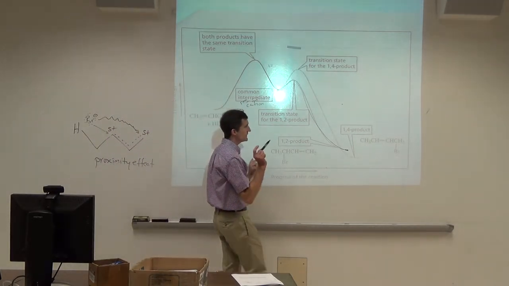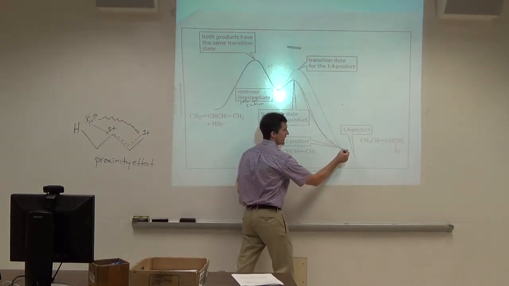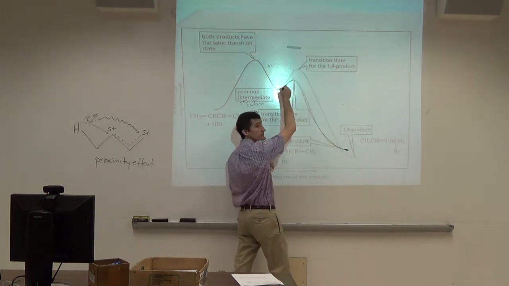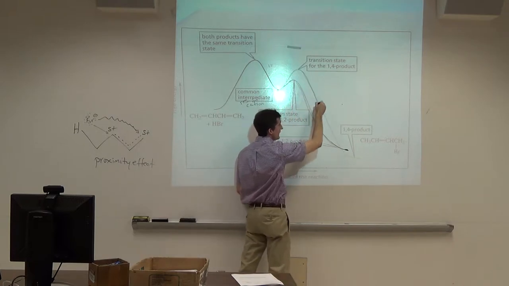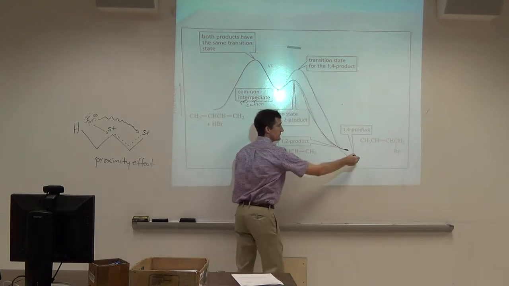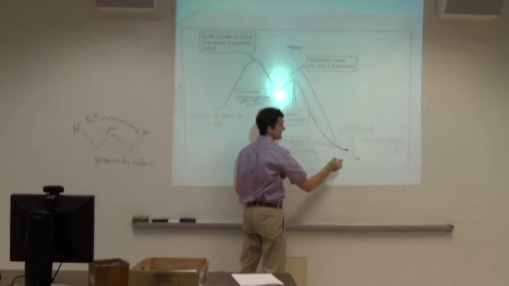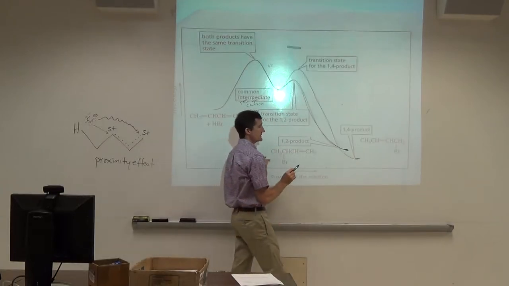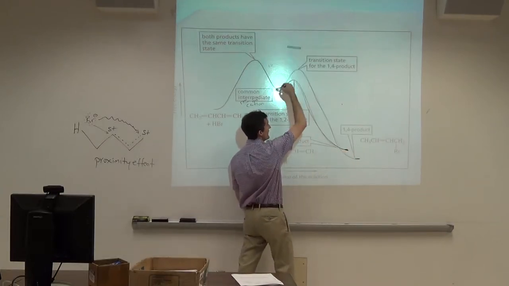Why with heat? Because with heat, you can reverse this back up here. And if you have enough heat, you can then make it go over this hump and fall here. Of course, you can reverse this back up and come here. Basically, with heat, you can now go back and forth.